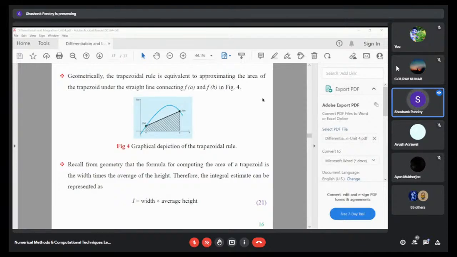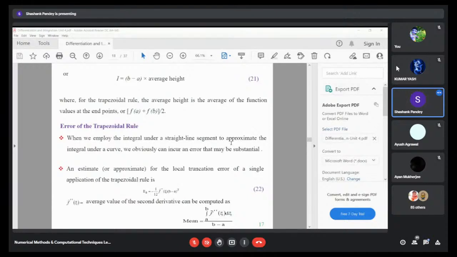So width is b minus a, and the average height is f of a plus f of b divided by 2, which can be expressed as equation number 21.